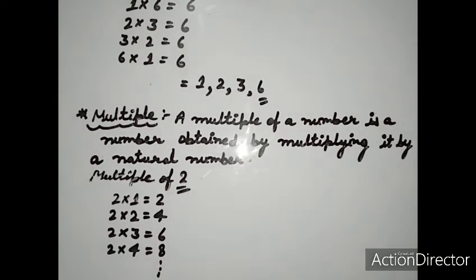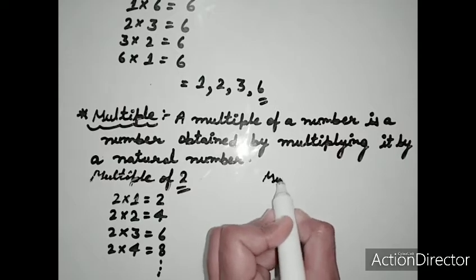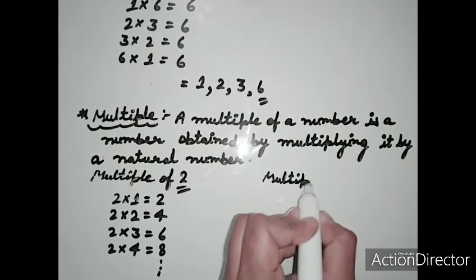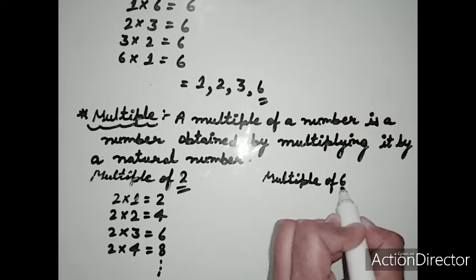So here, if you want to find the multiple of any number, we multiply the given number by natural numbers, like 1, 2, 3, 4. Okay, let's take another example, multiples of 6.